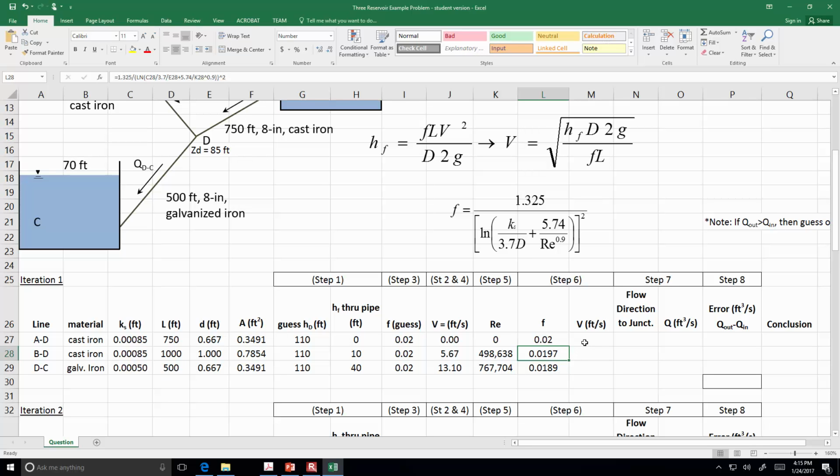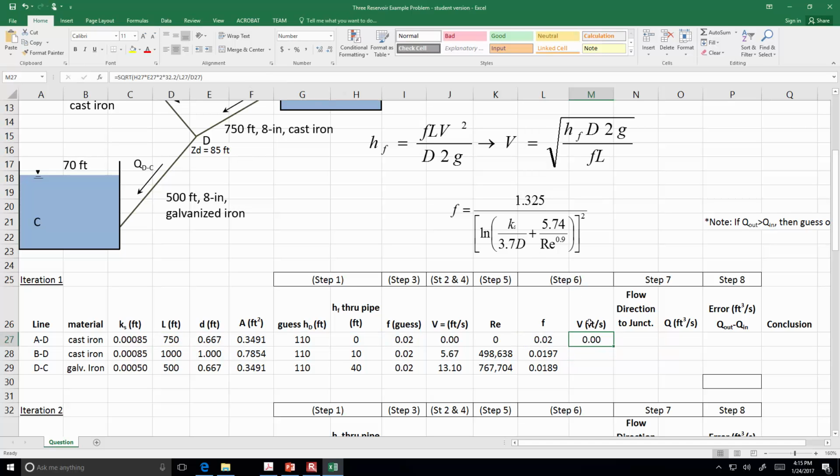All right. So then the new velocity, we're going to just use this formula again, but based on the new F value: square root of H sub F times D times 2 times G divided by F, where the F we're talking about is the new one, divided by L. Okay.